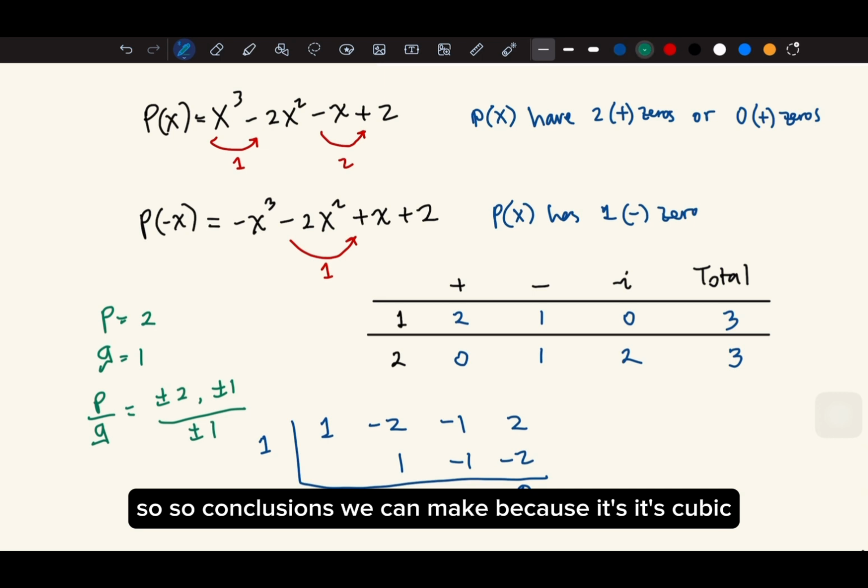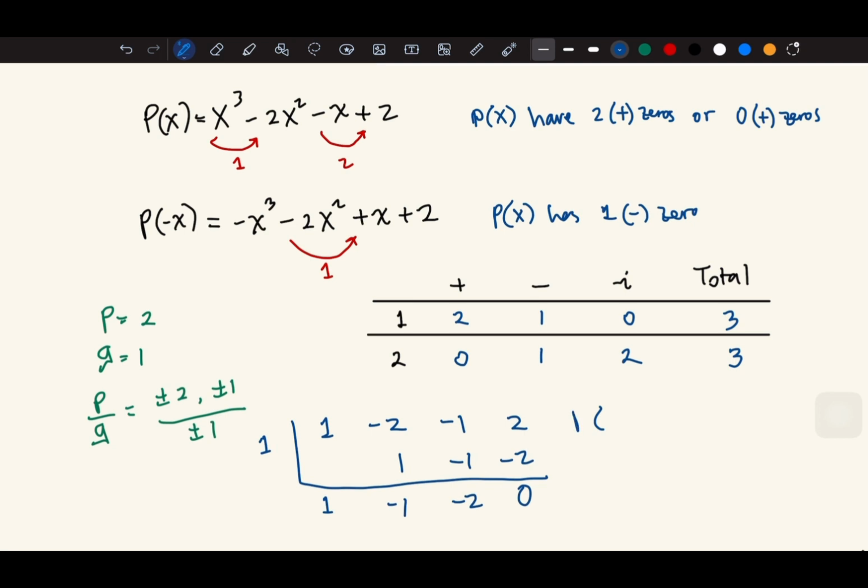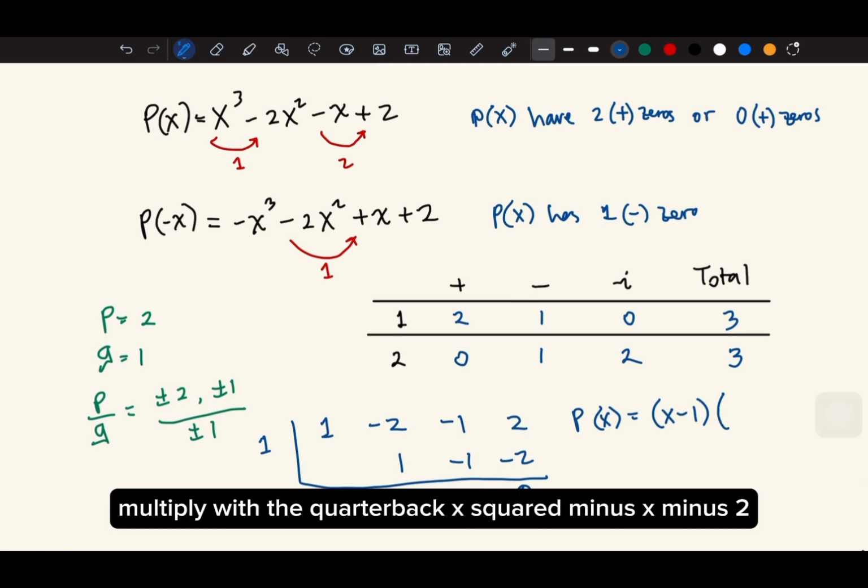So as a conclusion, because it's cubic, the rest will be quadratic, so we can write P(x) is (x minus 1), this is the factor 1, multiplied by the quadratic x squared minus x minus 2.